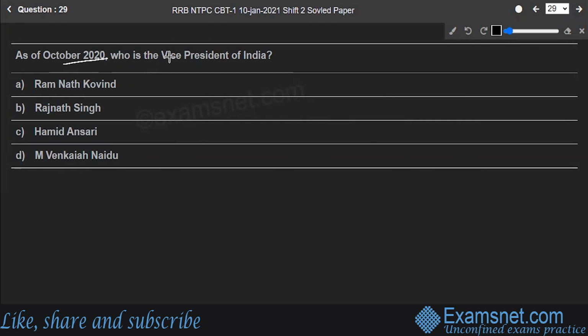As of October 2020, who is the Vice President of India? Ramnath Kovind, Rajnath Singh, Hamid Ansari, or M. Venkaiah Naidu? It is M. Venkaiah Naidu, the correct answer.